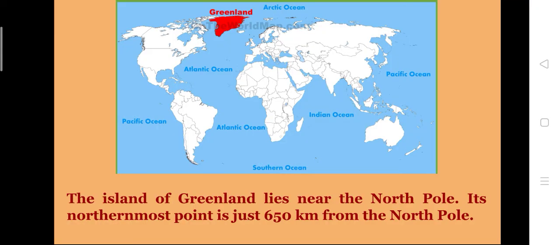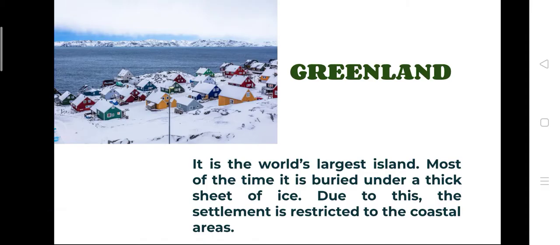It is an island. It lies near the North Pole. Its northernmost point is just 650 km from the North Pole. Greenland is the world's largest island. Most of the time it is buried under a thick sheet of ice.